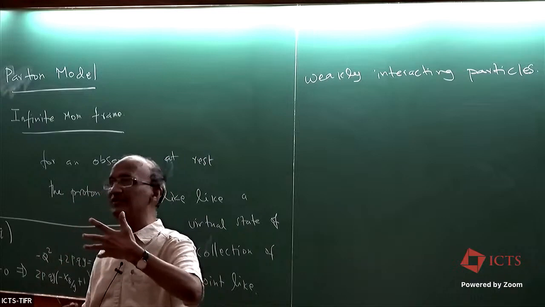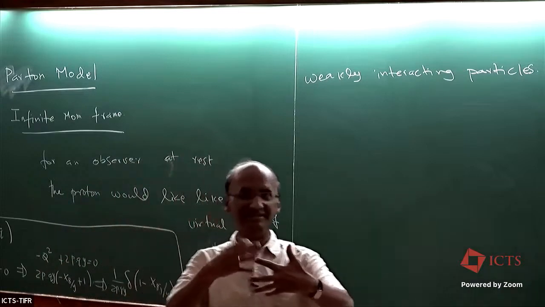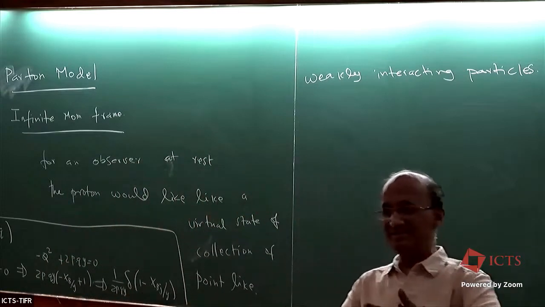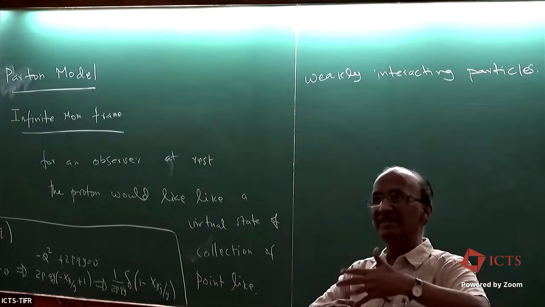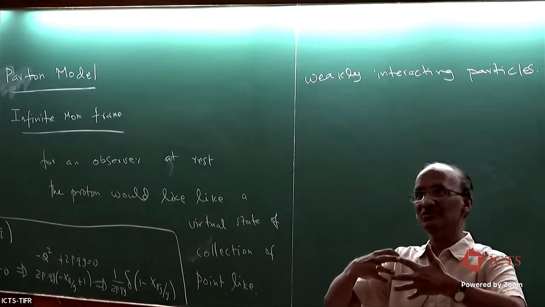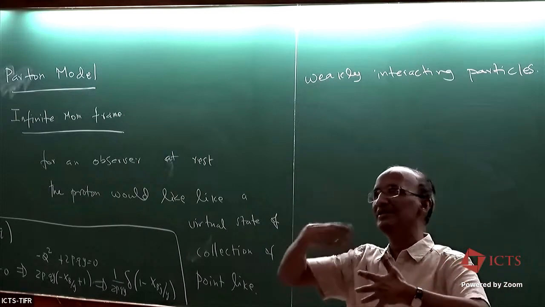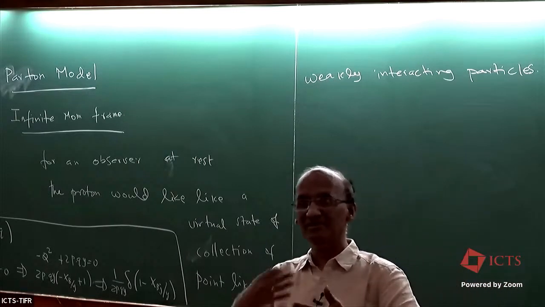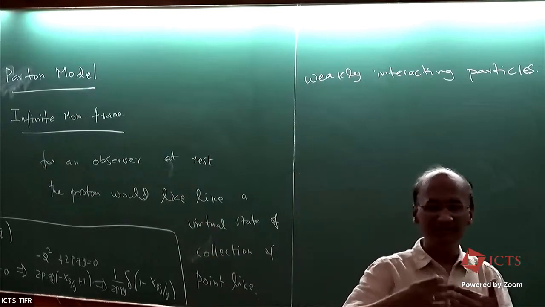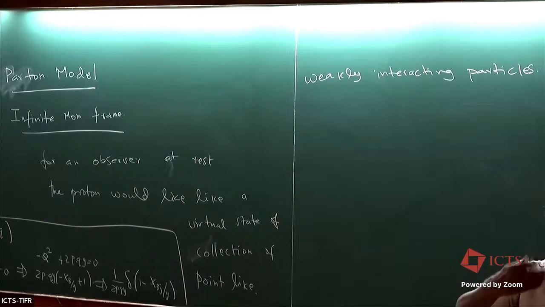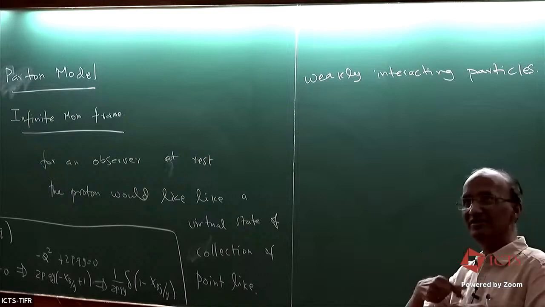If you take a very fast moving camera and take snapshots, at one instance they will all be y1, y2, y3, etc., the momentum fractions, and then within a few seconds it will change to some other y1 prime, y2 prime, y3 prime. So you can think of it as many snapshots of the proton. The time difference between two such possible states is also important to consider.